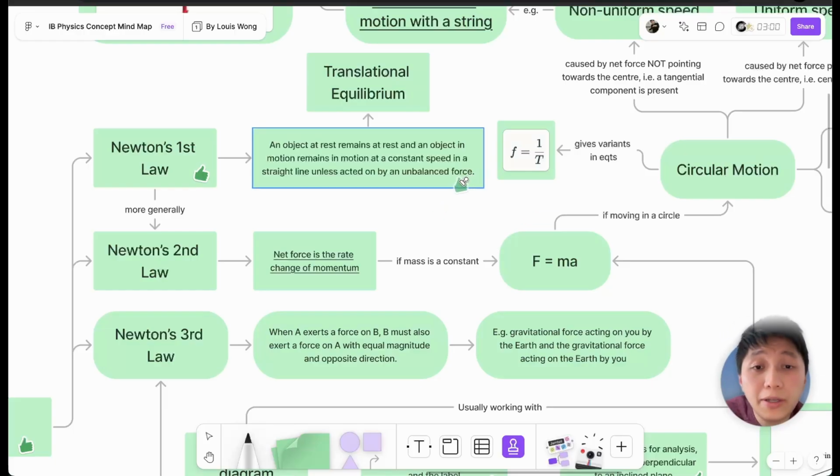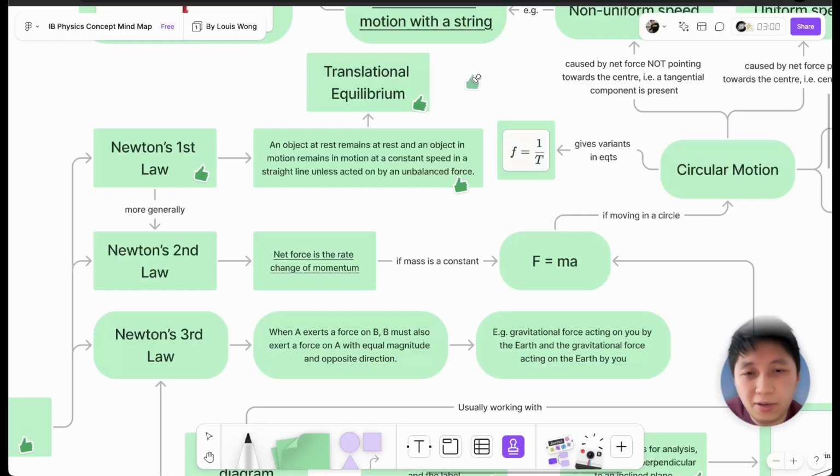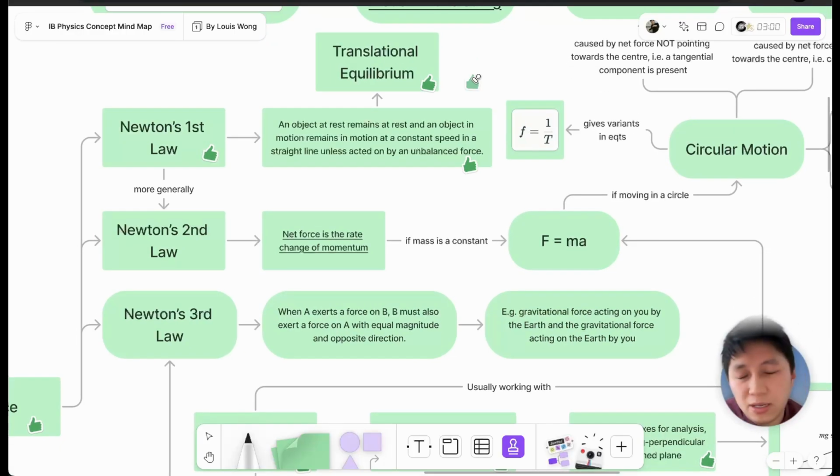But my point here is that knowing the word definition is essential. Newton's first law basically gives us the idea of how a system can be in translational equilibrium. I say translational because some of you, if you have learned A4, know there's rotational. The things we are talking about are only translational movement.